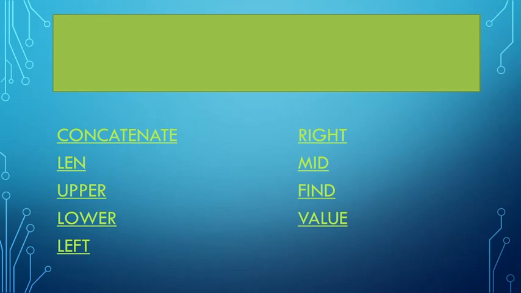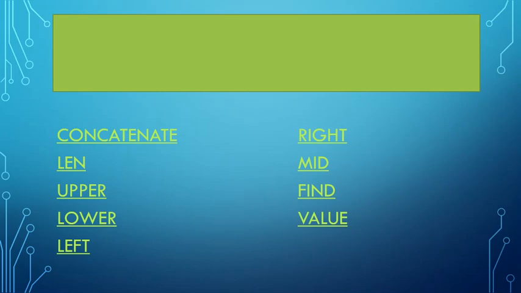We have a left function, which takes text or reference text in a specific cell, and then we have another argument within that function that specifies how many characters we take. It's almost like a copy. How much text are we copying from the left of the word, and the right, how much do we copy from the right of the word? And you will understand just now when we look at examples.